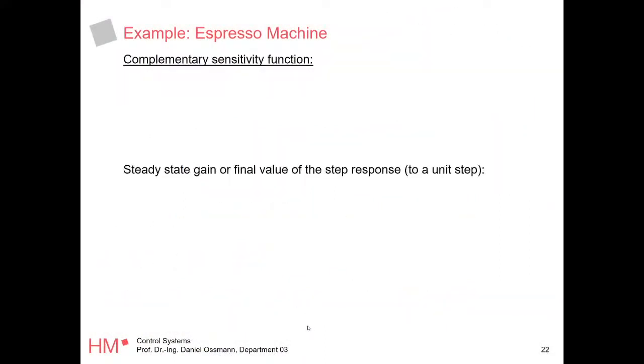And now we can compute the complementary sensitivity. I'm going to write it one more time. Our complementary sensitivity T(s) is nothing but R(s) times G(s) over 1 plus R(s) times G(s).